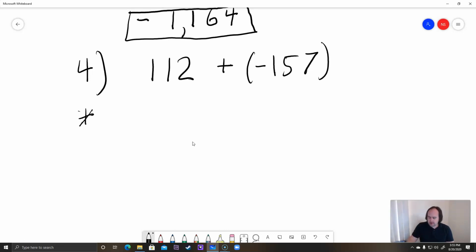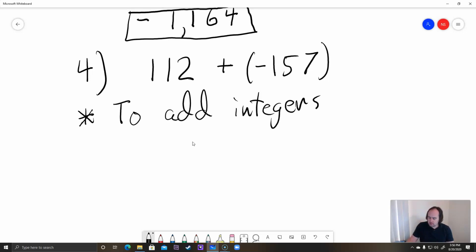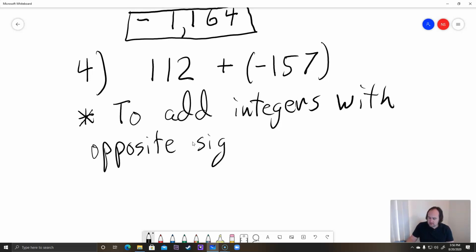So how do you add these? These are the opposite signs, so you're not actually going to be keeping any sign. So to add integers with opposite signs, instead of adding, you're actually going to be subtracting.